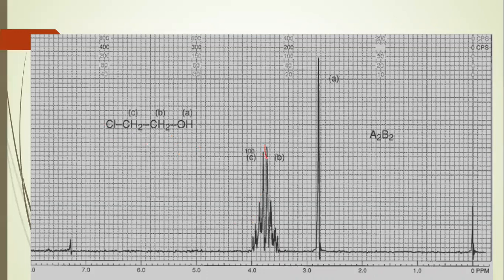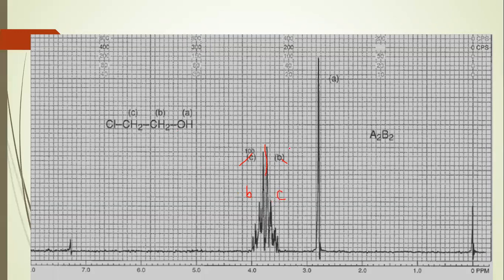From this part we can make the two halves of the signal. The downfield side is because of the protons attached to oxygen, and the upfield is because of the C. Here it is a little bit wrong representation; actually this should be because of the B protons as they are attached to oxygen, and this part should be because of the C protons.